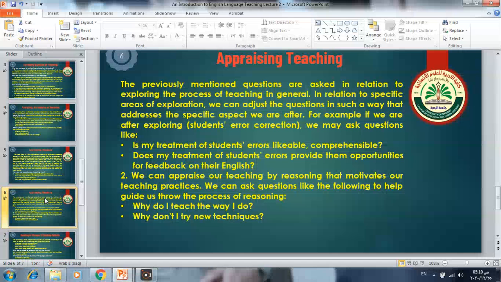We can appraise our teaching by reasoning that motivates our teaching practices. We can ask questions like the following to help guide us through the process of reasoning. Why do I teach the way I do? You ask yourself this question. Why do I teach the way I do?